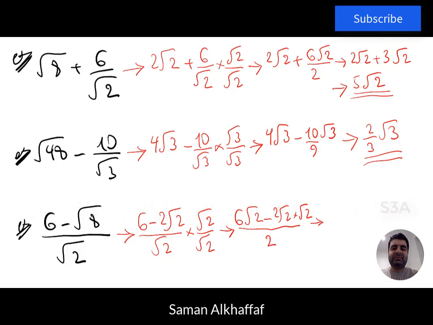So now we can simplify this to the 6 root 2 over 2, that will give us 3 root 2, and we have also take away the 2 root 2 multiplied by root 2, that will be 2, and the 2's will disappear here, okay, because if you imagine both terms are divided by 2, so we will end up with, on the second part, 2 multiplied by 2 divided by 2, these 2 will disappear, so we will have the final answer being 3 root 2 take away 2.